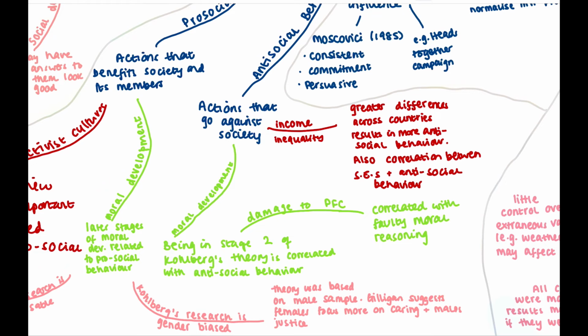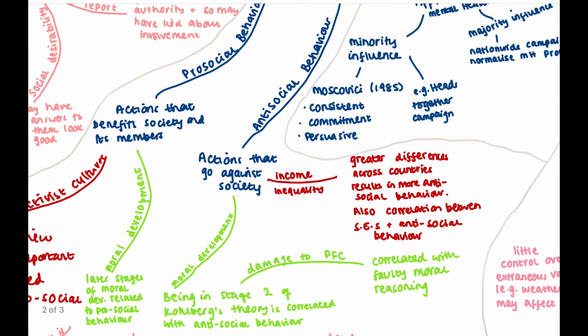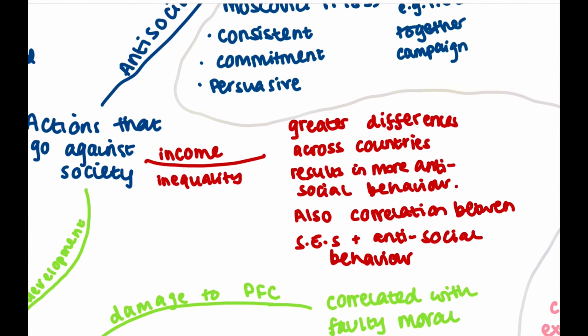Now, there is also a situational factor that can explain antisocial behaviour, and that is income inequality and also socioeconomic status. So in countries where there are greater differences between the wealthiest people and the poorest people, so a huge income gap, there is more antisocial behaviour recorded in those countries.